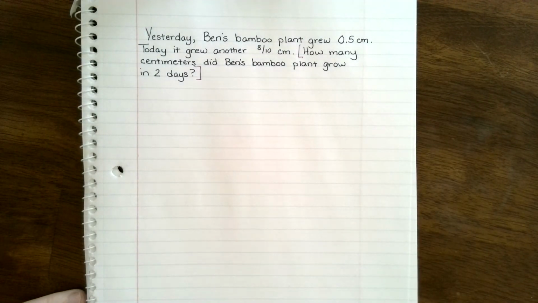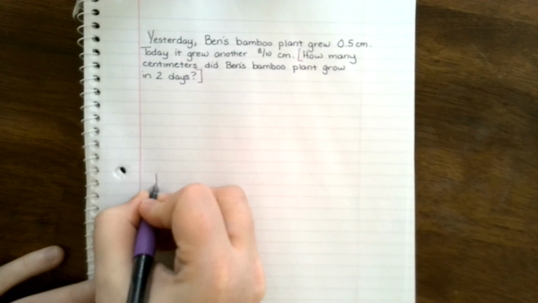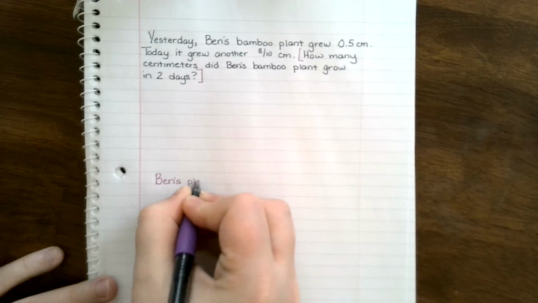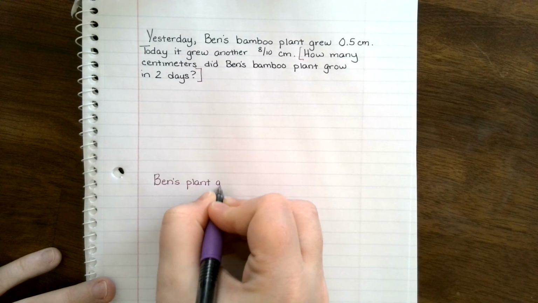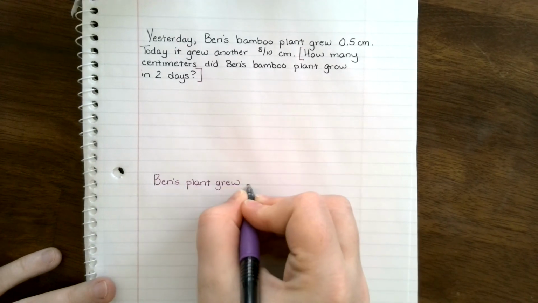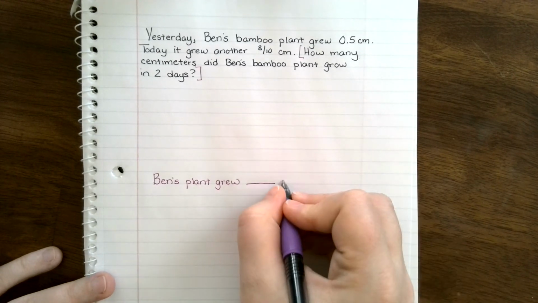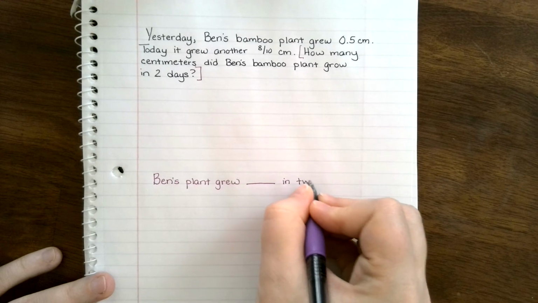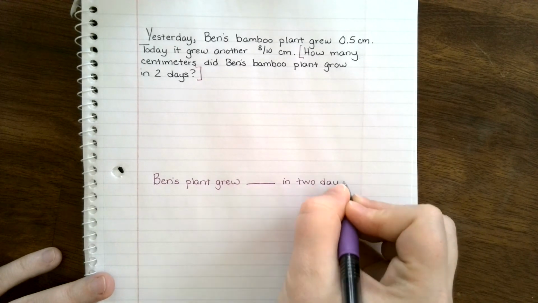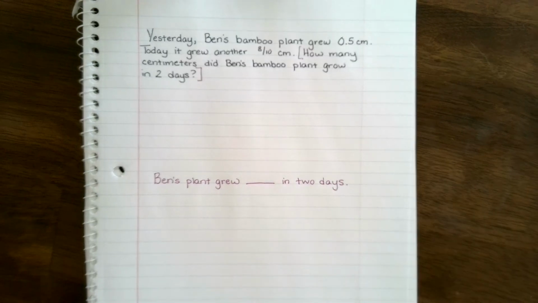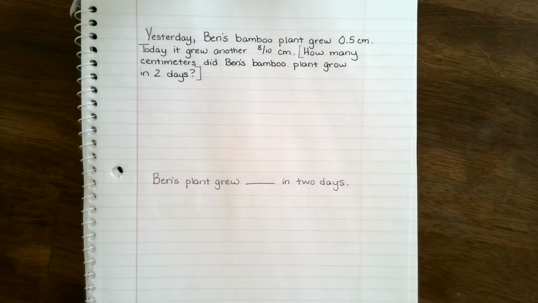So I can turn that into an answer and say, Ben's plant grew this much. I don't know how much it is yet. I've not done any math. In 2 days. Now, once I've done the math, of course, I'll come back down here and put my answer, but that's just to make sure I stay on the right track. I don't want to be off answering some other question when this is what the word problem wants to know.